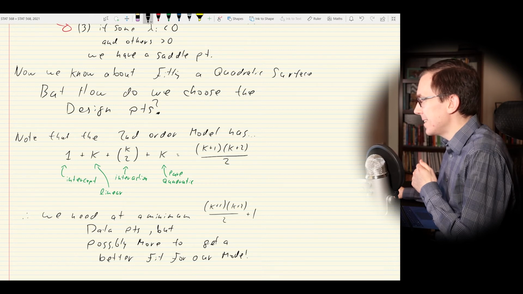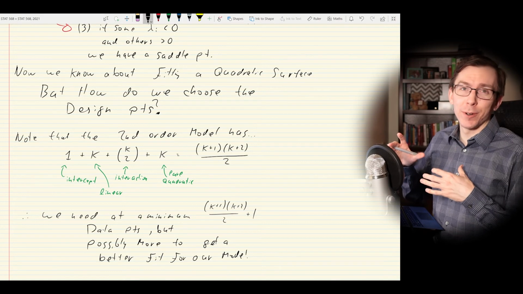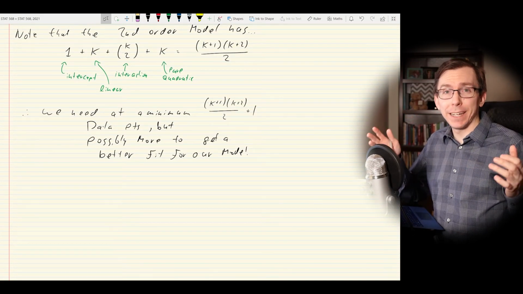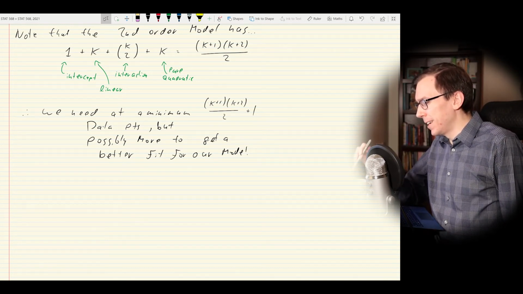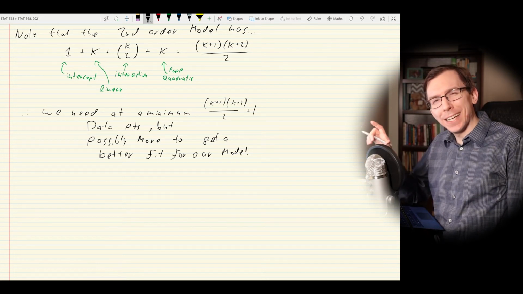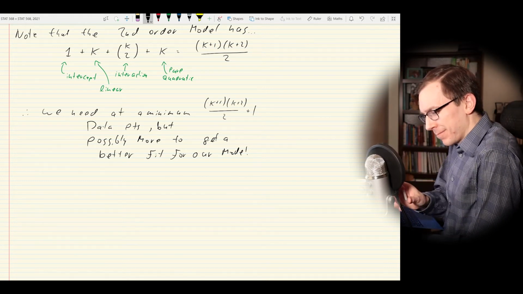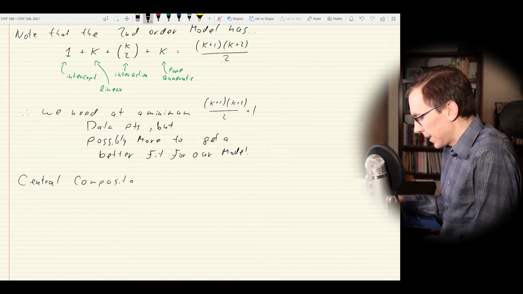All right, so this leads into the first and the main response surface design that we're going to discuss. What we'll do is we'll introduce the idea today, and then we'll pick it up in the next lecture, and we'll go into a little bit more detail on why this model is the way it is, because it's very carefully chosen data points. All right, so what we're going to do is something called the central composite design.